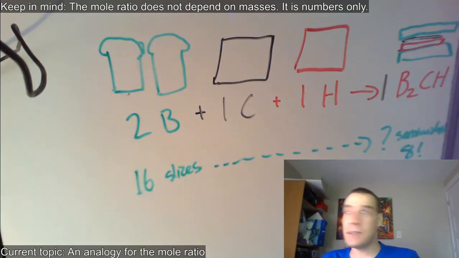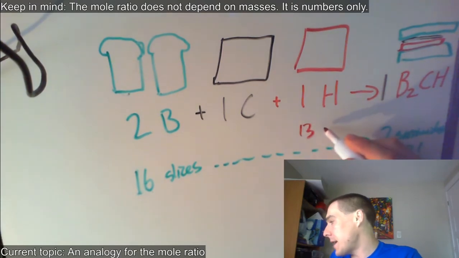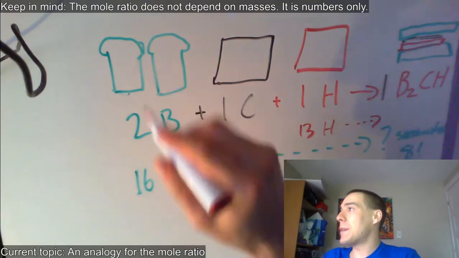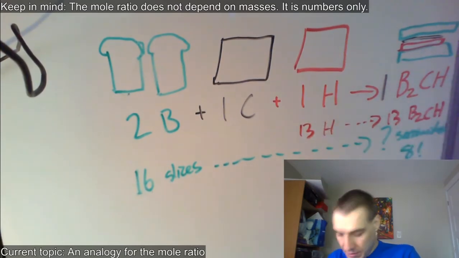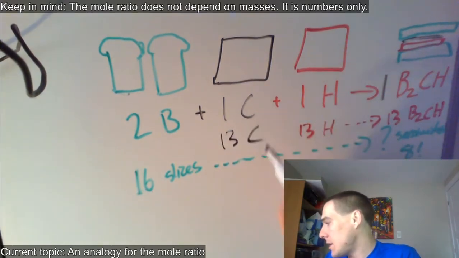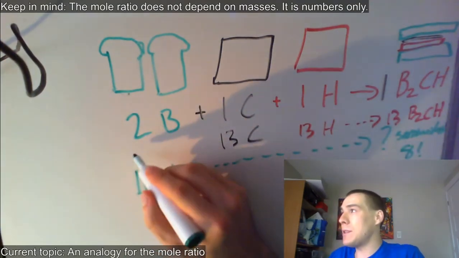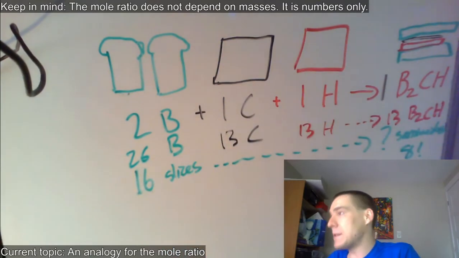If I had instead 13 pieces of ham, I could, if I had enough of the rest of this stuff, make 13 sandwiches. I would need, for my 13 pieces of ham, at least 13 pieces of cheese, and I would need at least, how many? 26 pieces of bread.